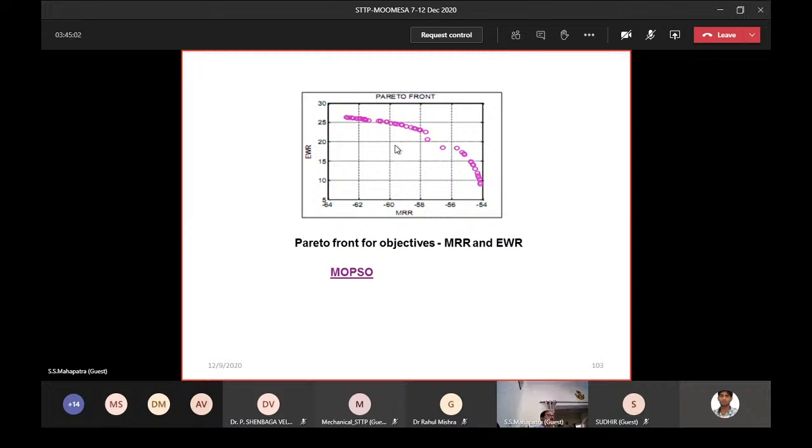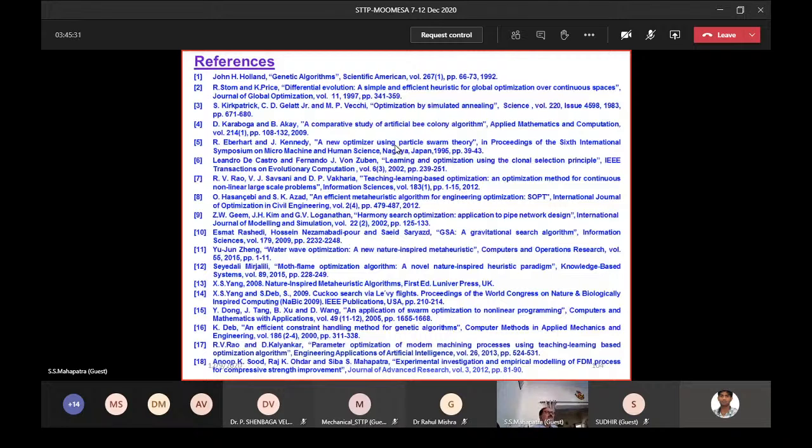You can also think of proposing your own algorithm, but it needs complete analysis of the existing algorithms, and you have to properly watch the physical or natural phenomenon to relate to the optimization algorithm. So with this, I can stop. If you have any questions, you can ask me, please.